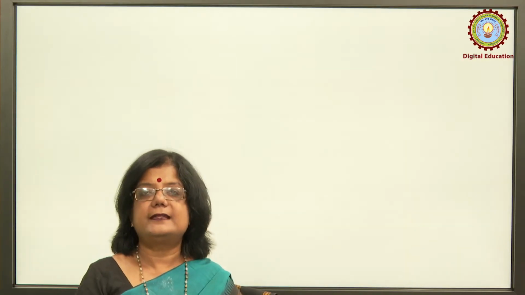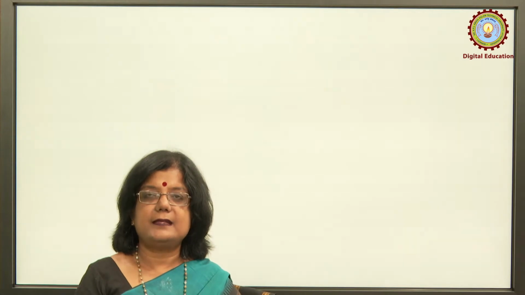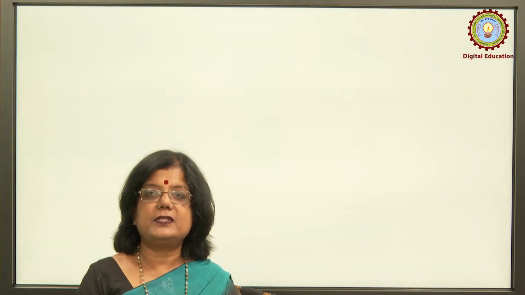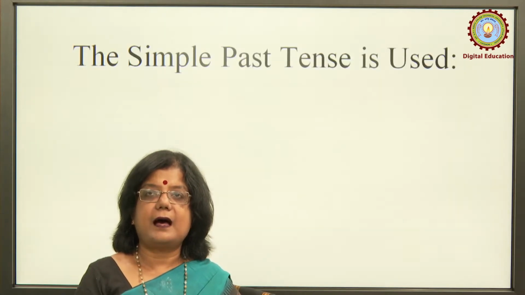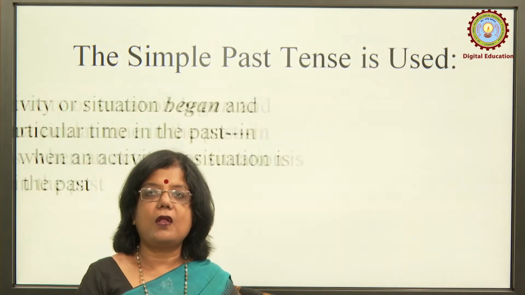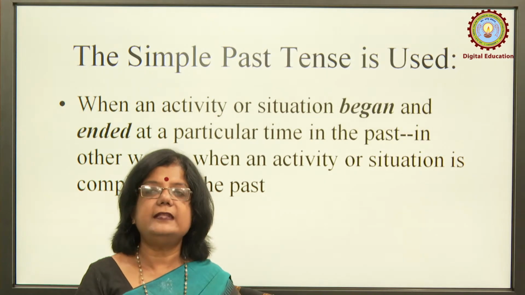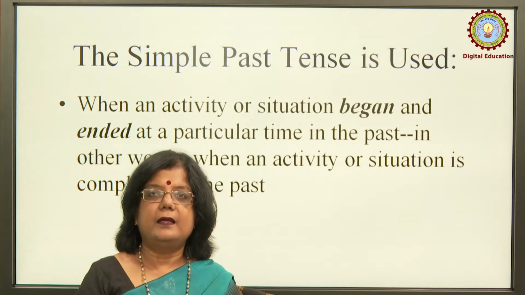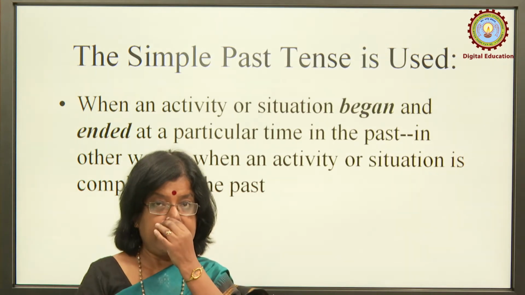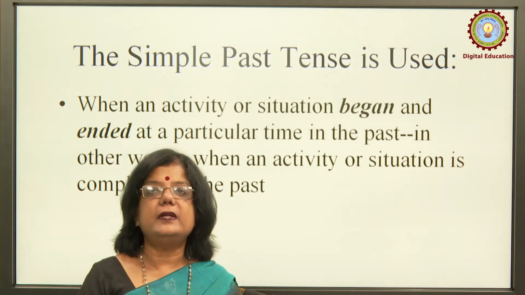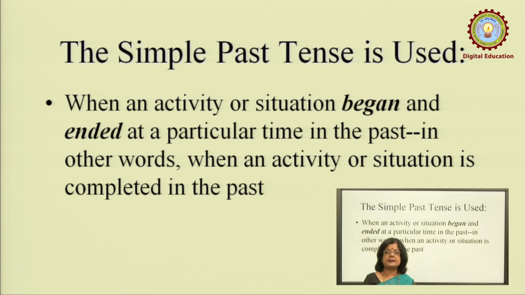As the word itself suggests, past tense is that tense which tells us about the happening that has already happened. Let us see the usage. When an activity or situation began and ended at a particular time in the past.